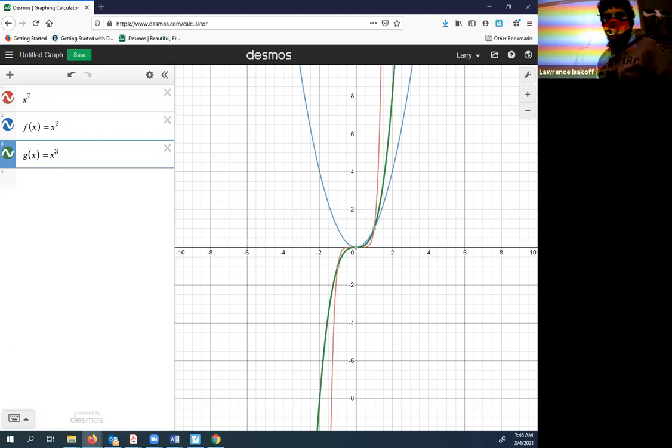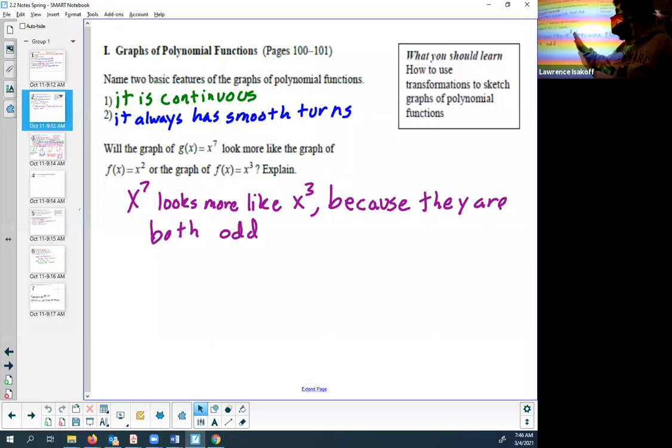Definitely a lot more similar than the quadratic. So most odd powers will generally look like a cubic function. Even powers will generally look like a quadratic.